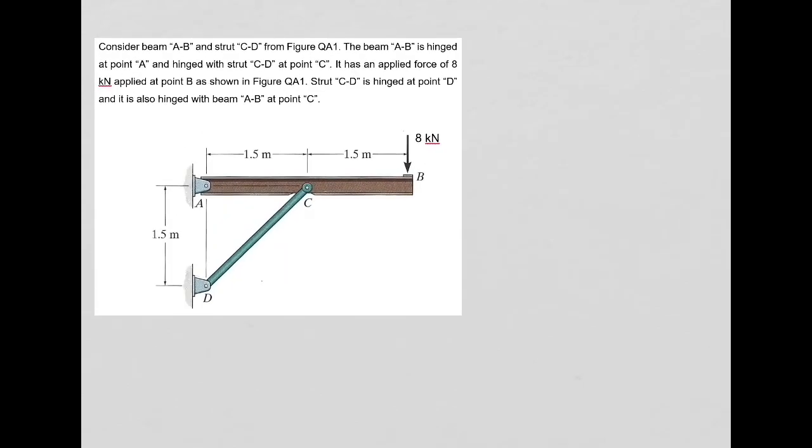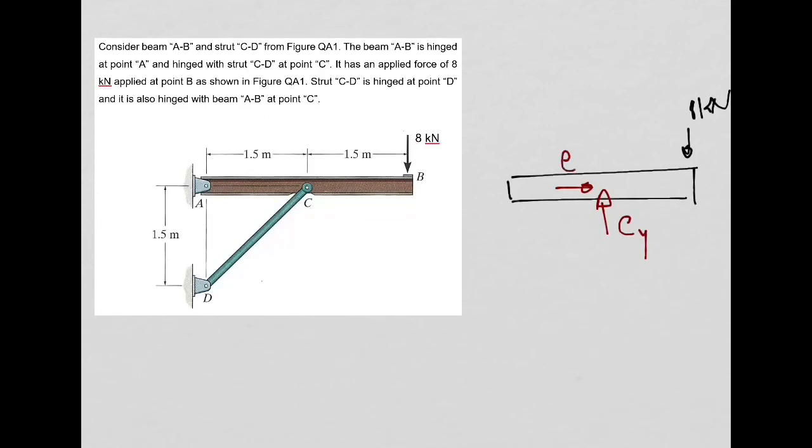So the question now is, I want to know, basically you will have the beam like this. You will have this 8 kilonewtons. And then I want to know the reactions at point C, CY and CX.